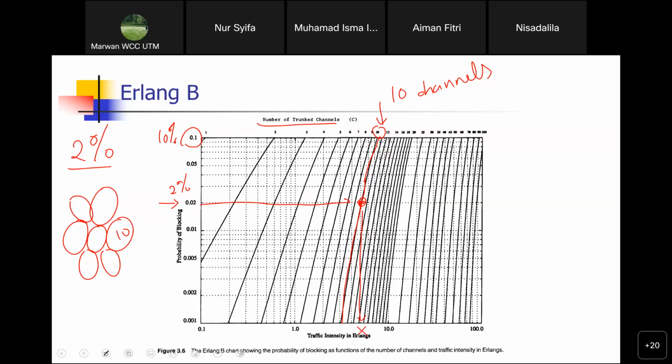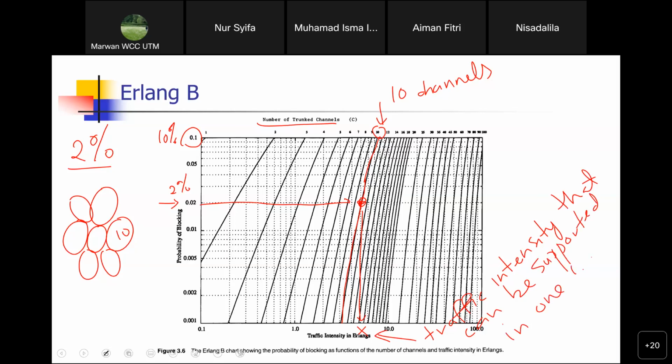Okay, so if you have 10 channels, and if you introduce 2% of blocking, this is the traffic intensity that can be supported in one cell of 10 channels.